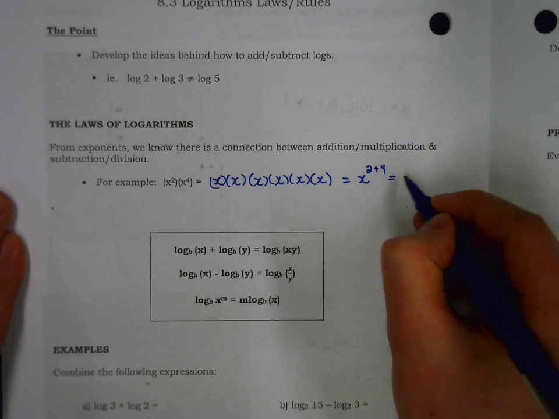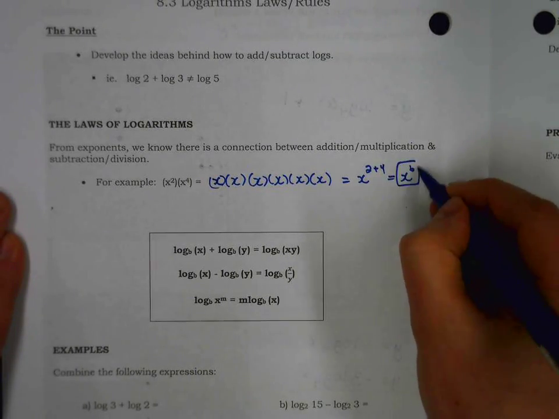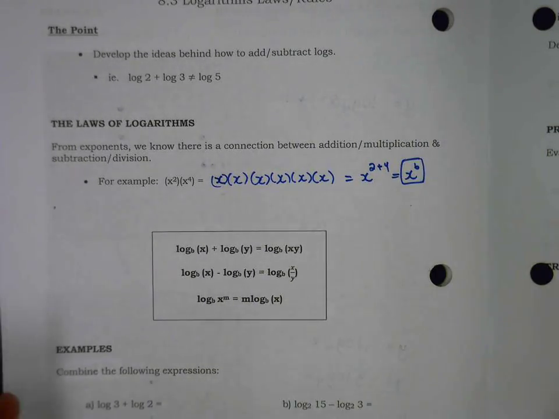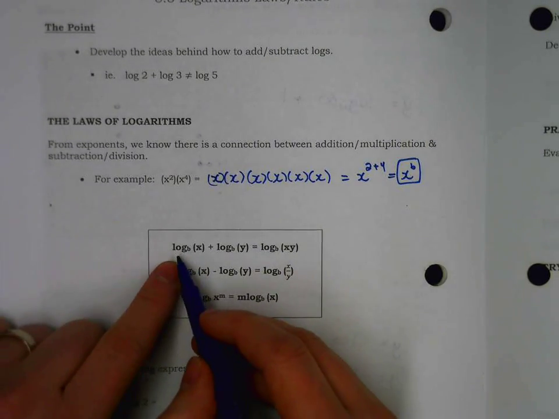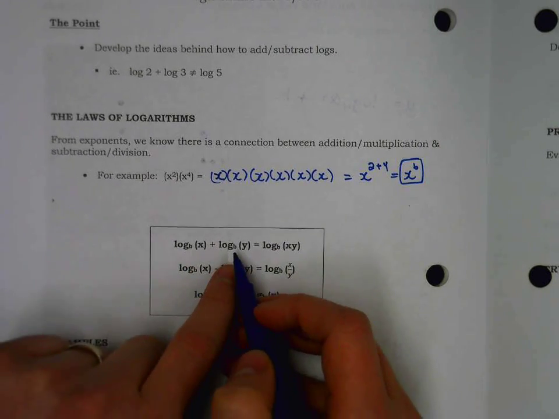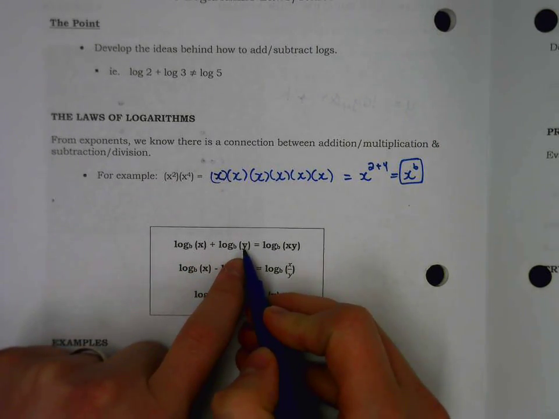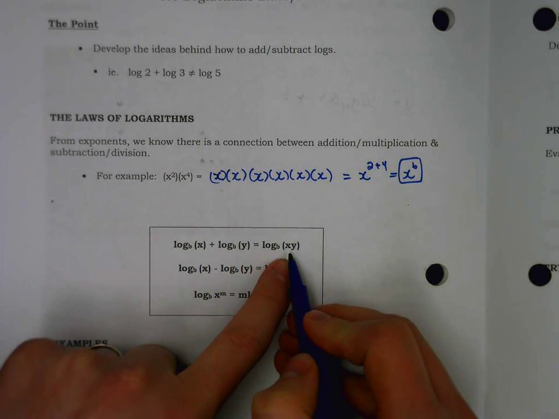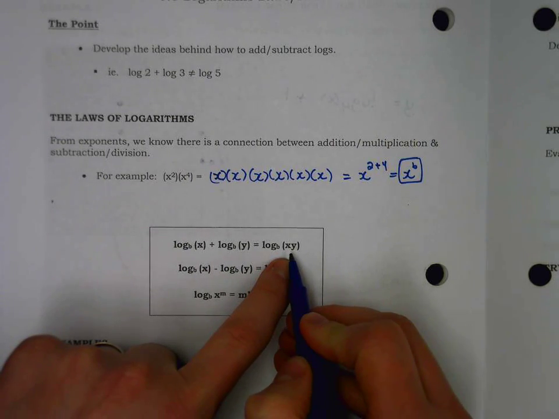You would typically just say 2 plus 4 is x to the 6. But this same sort of idea is implicit in logarithms, where we could say log of x plus log of y, and as long as they have the same base, we can say log of x times y. So the inputs come together as a product in the same input, in the same log.